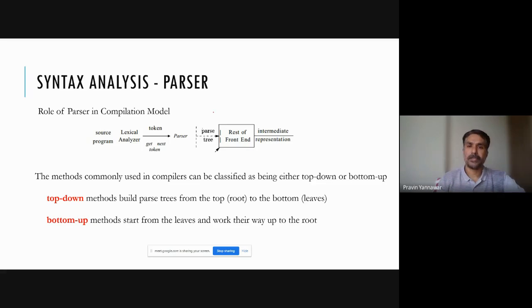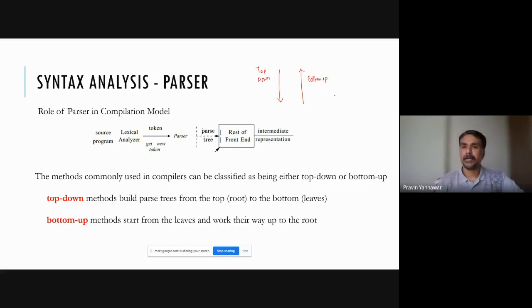Bottom-up and top-down approaches are something like this. In the case of top-down, the approach will be like this, and in the case of bottom-up, the approach will be like this. So this is bottom-up.